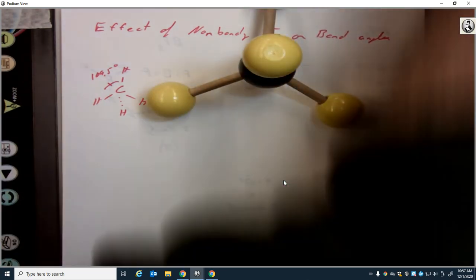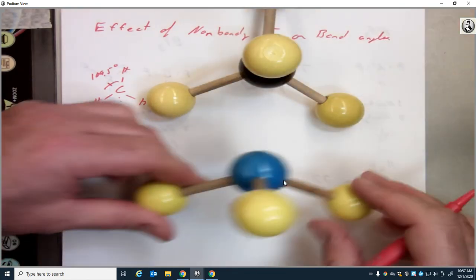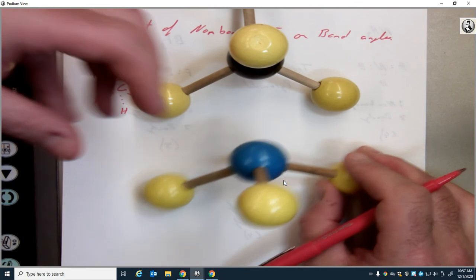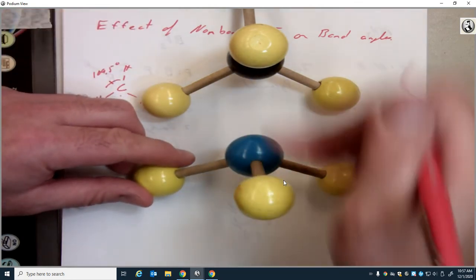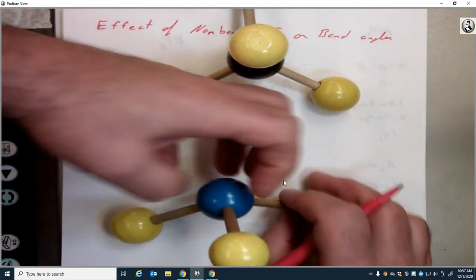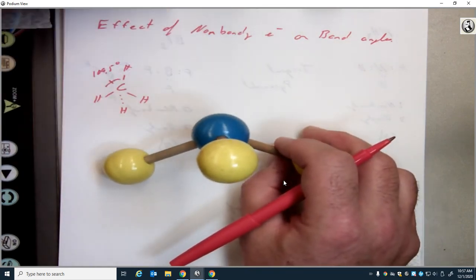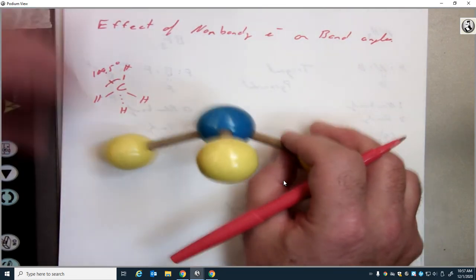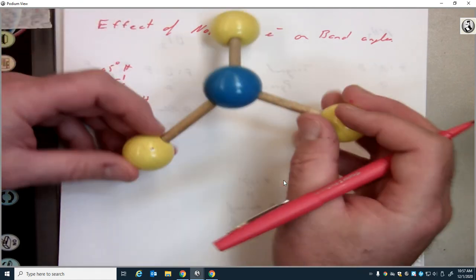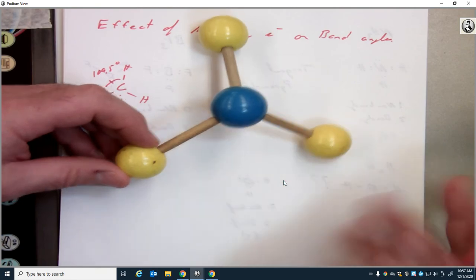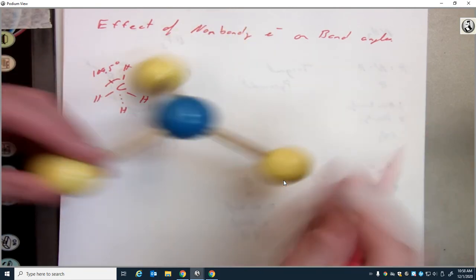Now, let's compare that to ammonia. All right, so we still have a similar shape. Okay, this time we have a non-bonding pair sitting up here. So you would think that this angle would still be 109.5, but it's not. Right?